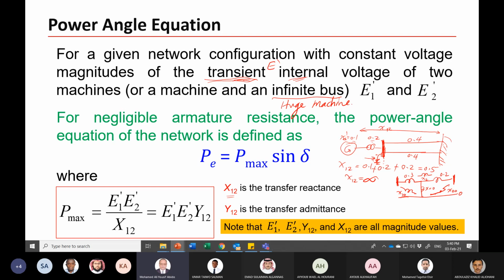So you can convert Y to delta. This X12, during the fault, equals X1 plus X2 plus X1 X2 over X3.